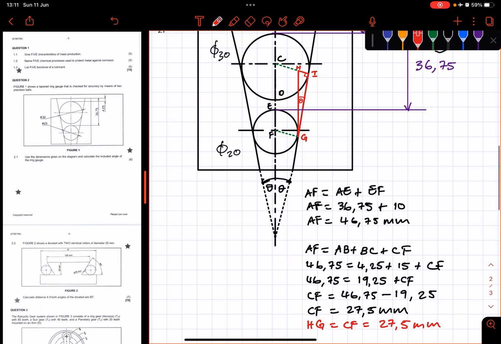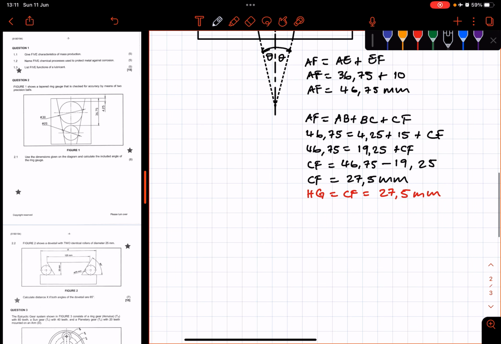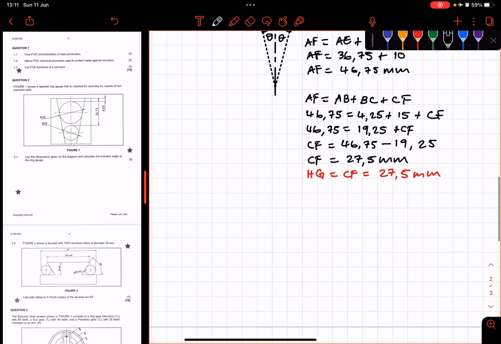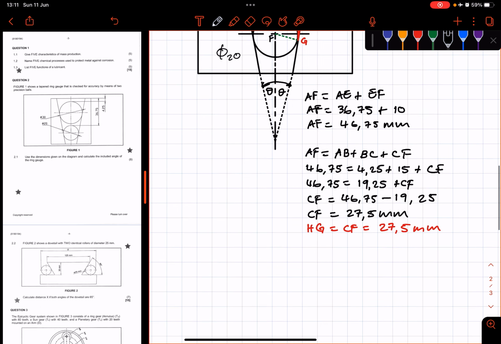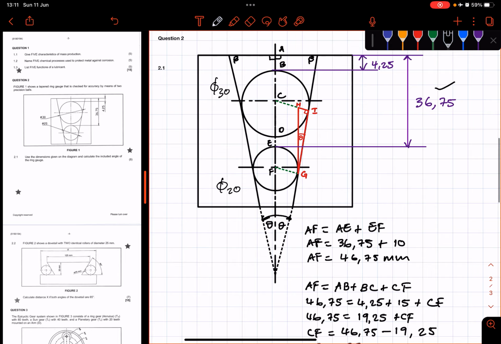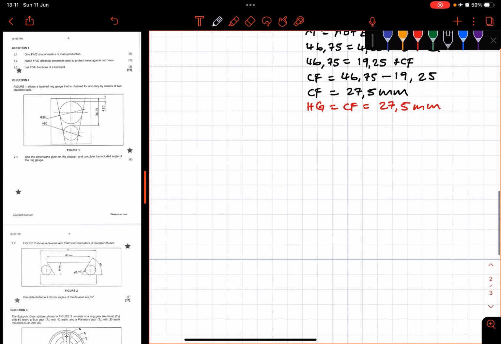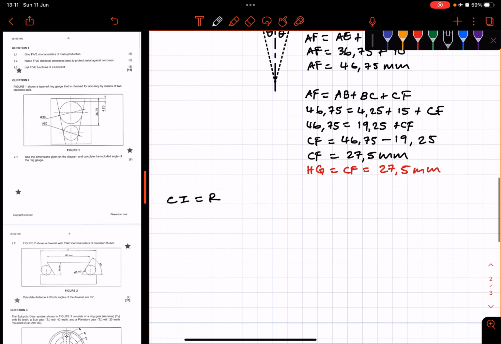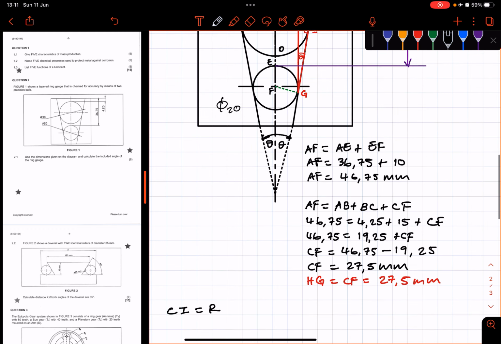So let's write this down. CI is equal to the radius of the big precision ball, right?